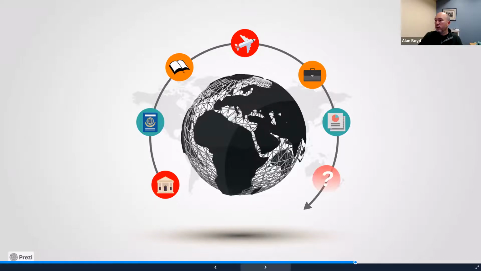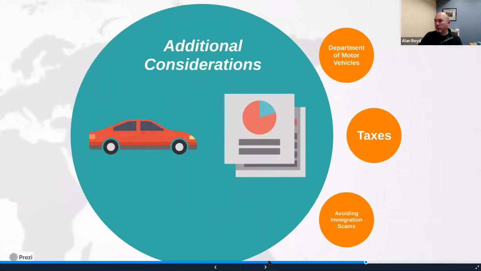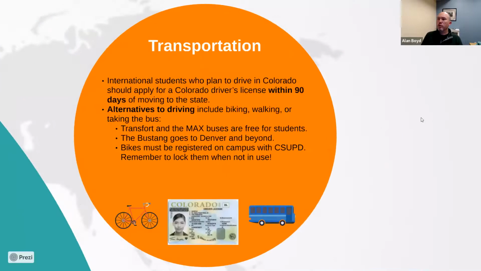Okay, next we will talk about additional considerations: driving, taxes, some words of caution. Each of you may apply for a driving license in Colorado, and you can use your existing driving license from your home country or from another state in the US, but only for 90 days.